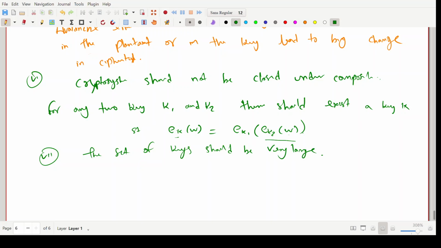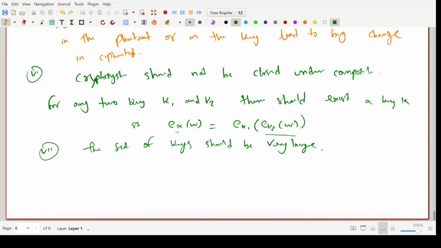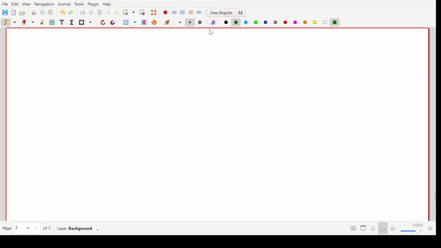One more thing is the confusion and diffusion property which a crypto system should satisfy. What do you mean by confusion and diffusion?